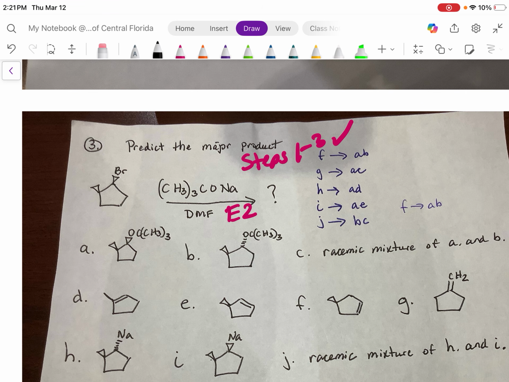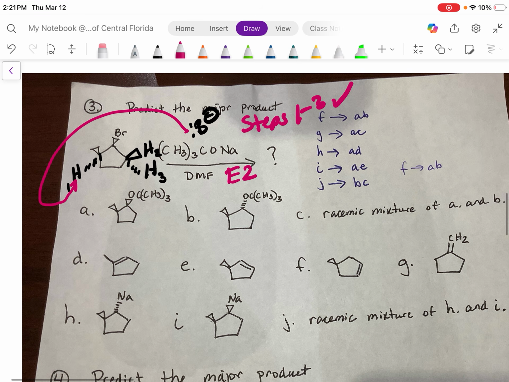If we analyze it the same way that we did the previous one, we have these dashed hydrogens right here, H1, H2, and H3. The base, which is the same as the previous, which one is it going to abstract? It could abstract this one. And if it abstracts H1, then which product are you going to get here? Trying to see the answer choices.